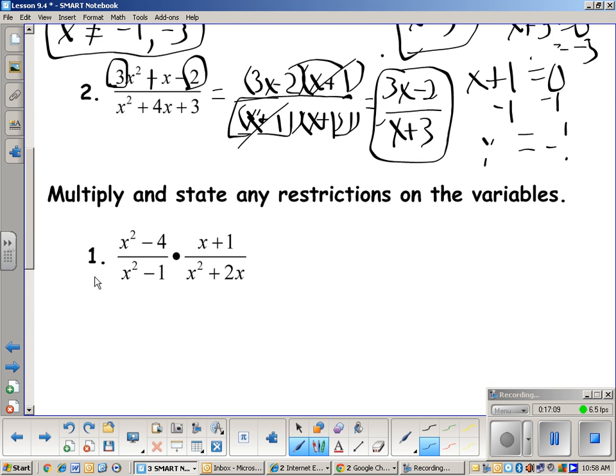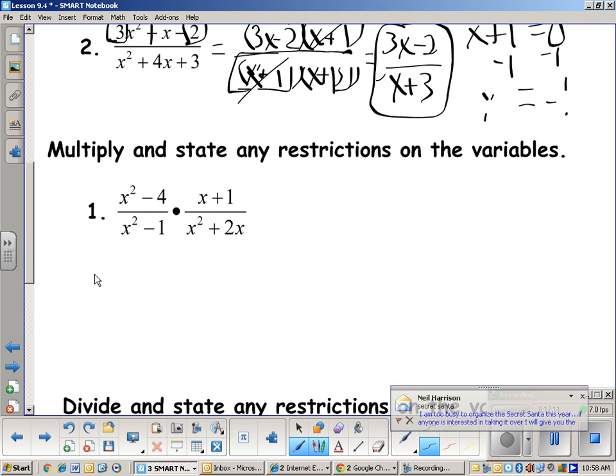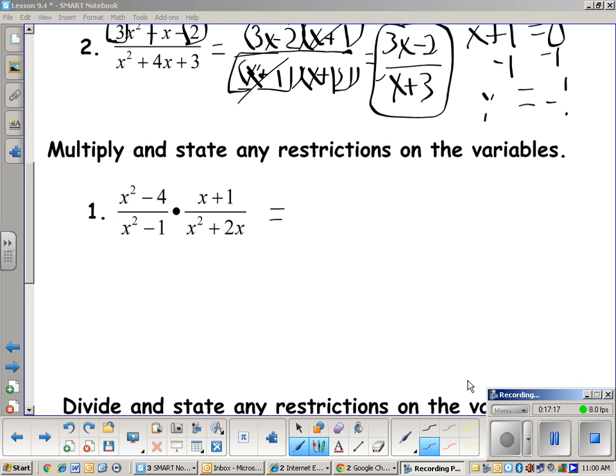Okay. Now, I just need you guys to write, multiply. A number of these need to be factored before we can do anything, right? Because nothing looks the same at this point that we can get rid of, right? So, which piece would you like to start with first?